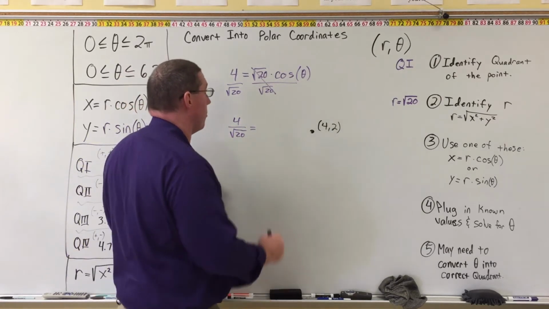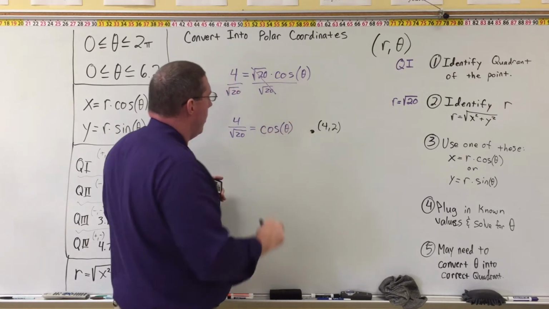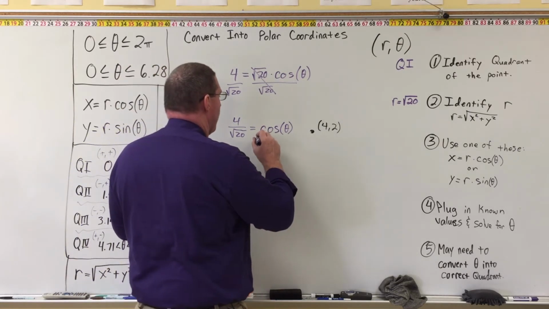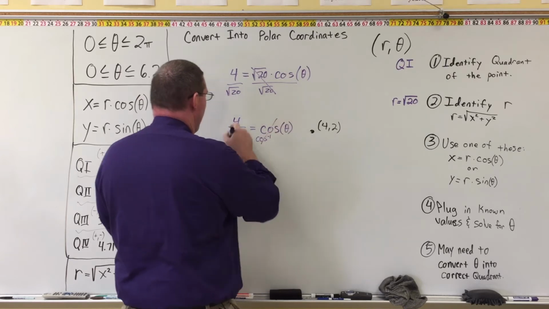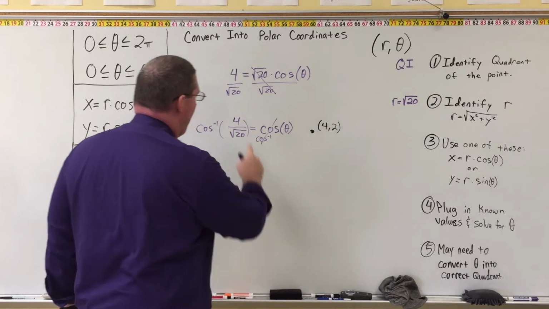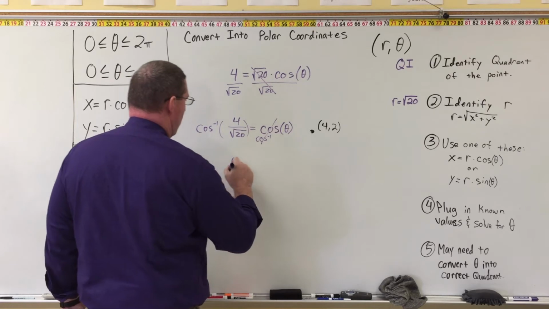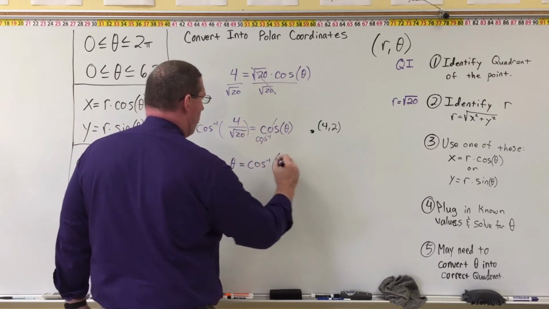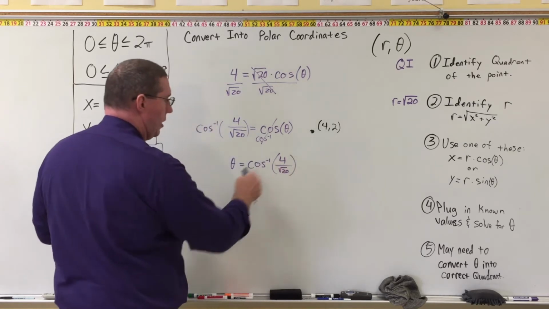Now, to cancel cosine, I'm going to do cosine inverse to both sides. Cosine inverse cancels, and over here I do cosine inverse. So now theta is equal to cosine inverse of 4 over the square root of 20, which I can now key in the calculator.